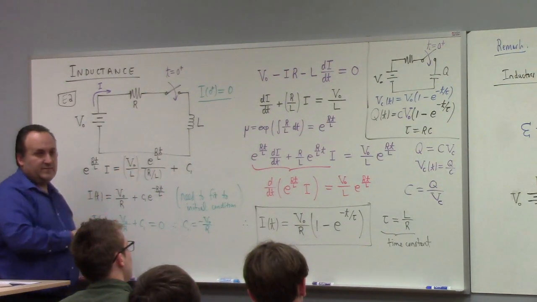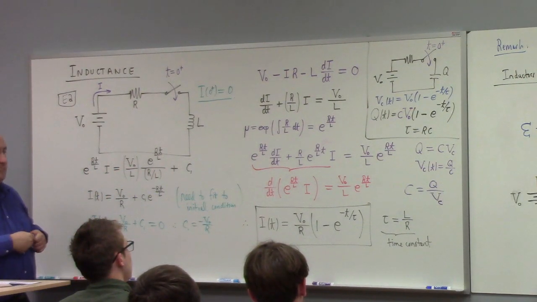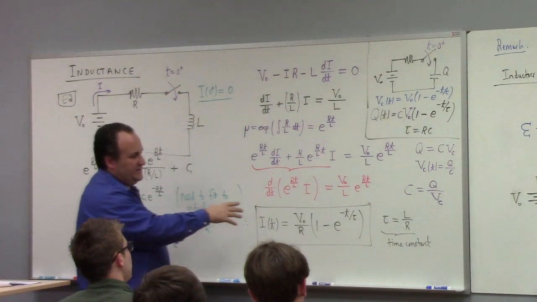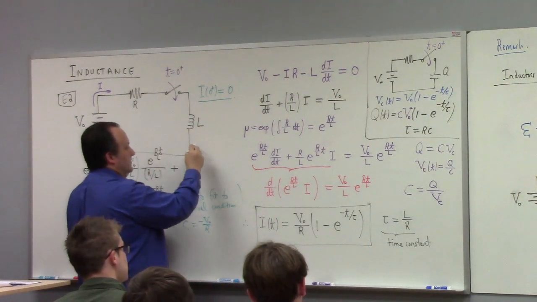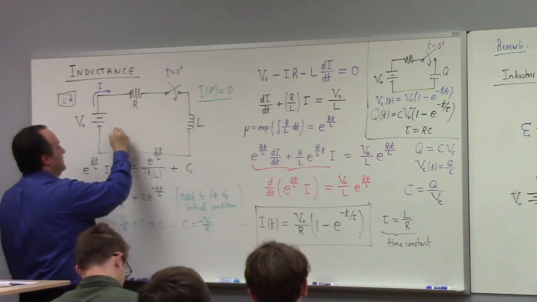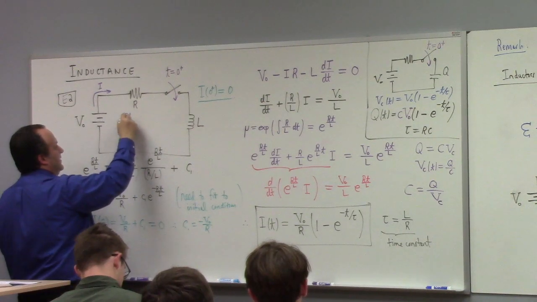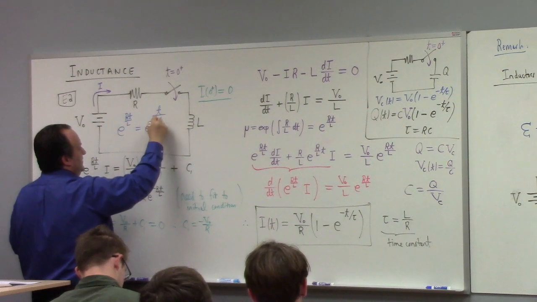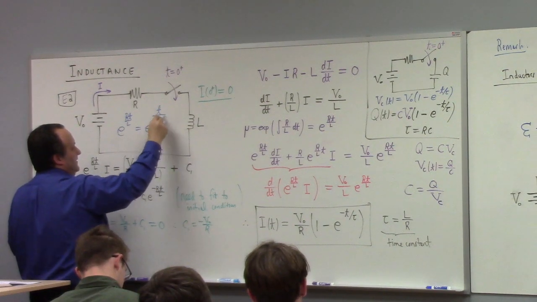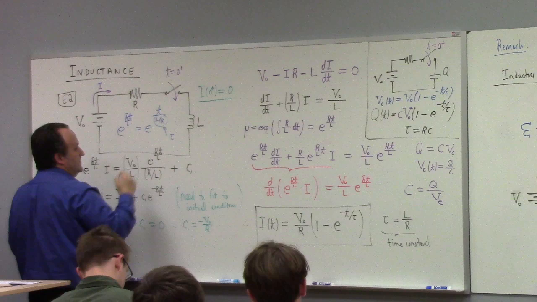That's the mathematics. You see what I'm doing here? I'm just rewriting e to the Rt over L as e to the t divided by L over R. So we just call that thing the time constant.